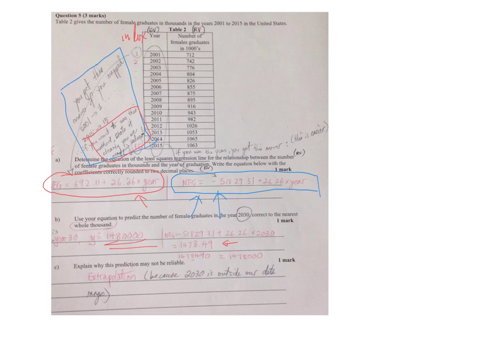Now, a lot of you made mistakes. The important thing here is look at this. In the table, the response variable, number of female graduates, is in the thousands. So all these figures, when you want to use them, you have to times them by 1,000.